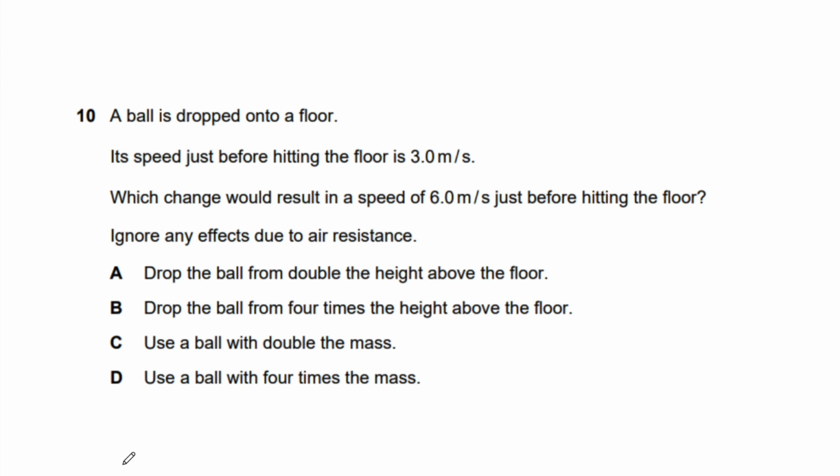A balloon is dropped onto a floor. Its speed just before hitting the floor is 3 meters per second. Which change will result in a speed of 6 meters per second just before hitting the floor? Ignore any effects due to air resistance.